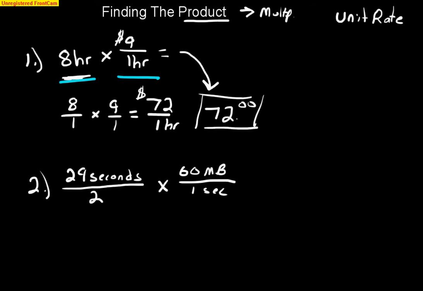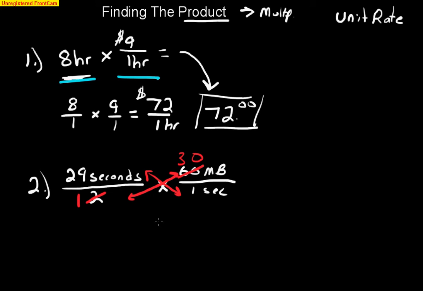By cross-canceling, I mean that if you can find a common number between these two and these two, you can divide by that common number and reduce the fraction. With the 29 and the 1, there's nothing we can do there, but with the 2 and the 60, 2 goes into itself 1 time, and it goes into 60 30 times.